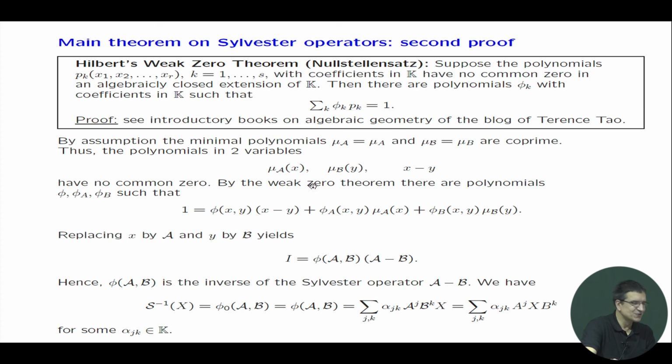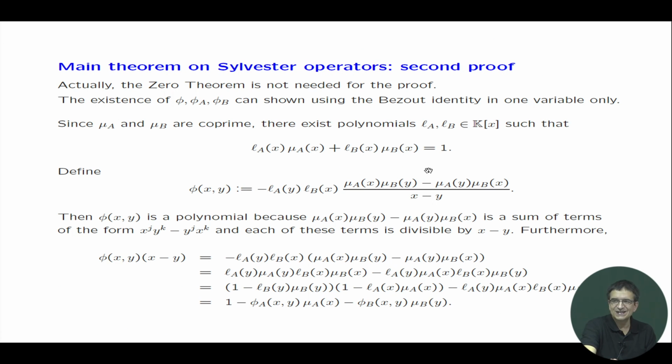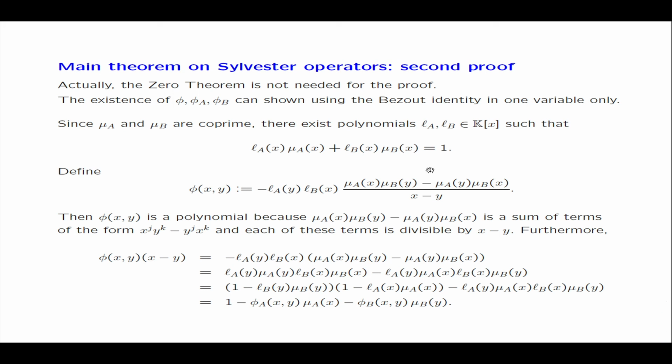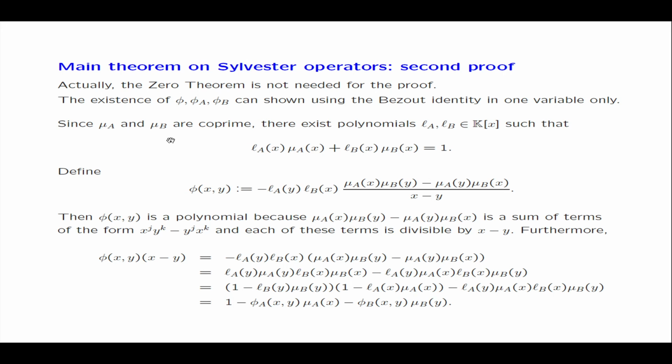I have not seen the proof. But you can find the polynomial, the inverse, in another way, working with polynomials in only one variable. And here's a simple way to do this.